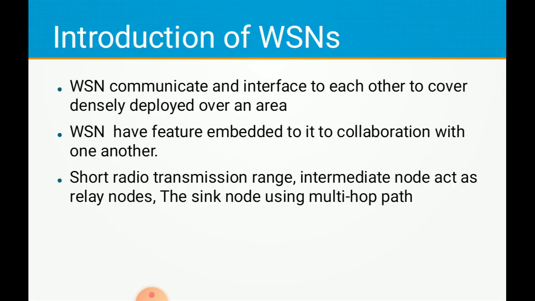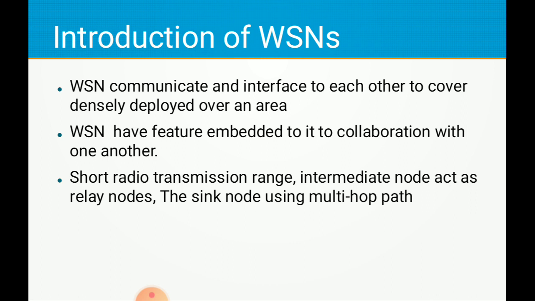If we have to cover a whole area, we have to deploy various sensors in this field. If various sensors are deployed in this area, then they have to communicate with each other to gather the information about that specific area.